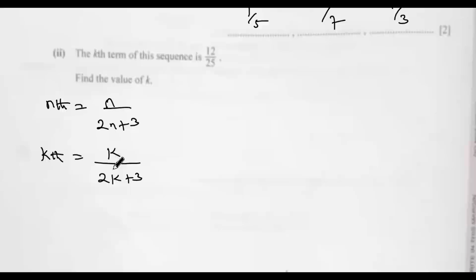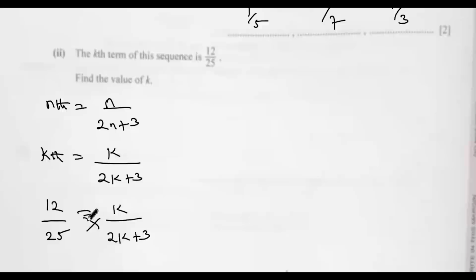And we are told that the kth term is equal to 12 over 25. So we want to find the value of k, where 12 over 25 equals k over 2k plus 3.